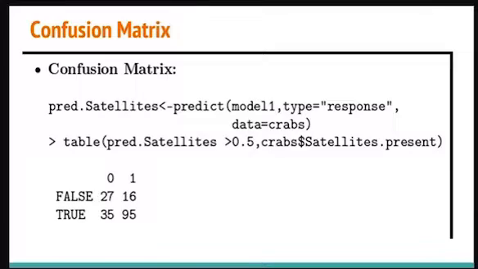Why do I go for greater than 0.5? 0.5 is just chance, but more than 0.5 is basically what we want. What I'm showing you now looks like a matrix. 0 and 1 is what happened in reality. False and true is what your model predicts.